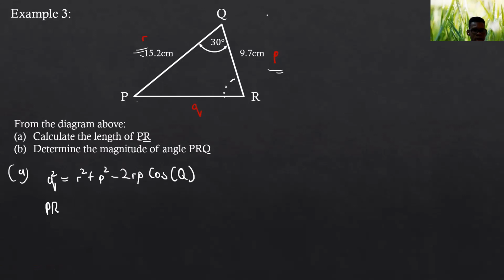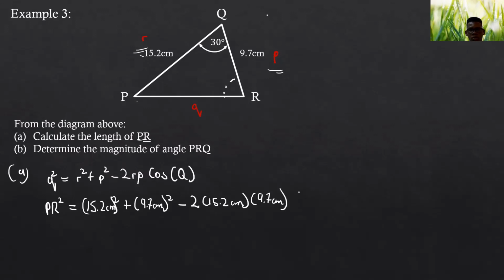PR is being squared, so PR squared is equal to r squared, which is 15.2 centimeters squared, plus p squared, which is 9.7 centimeters all squared, subtracted by 2 multiplied by r, which is 15.2 cm, multiplied by p, which is 9.7 centimeters. Right away, you can see why this rule is very taxing. There are a lot of calculations, so you have to punch.